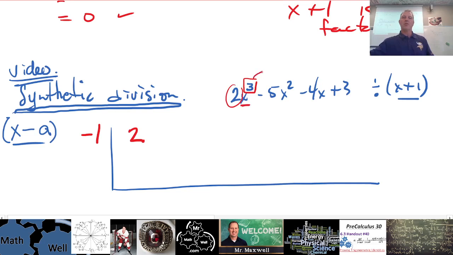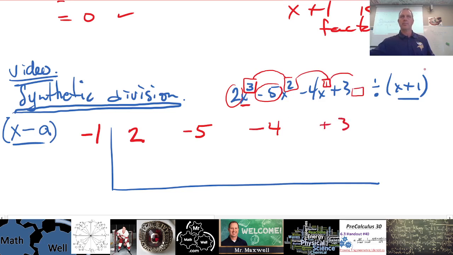Then I have to locate the squared term and write down this number. So I'm going to leave a little space. I'm going to put minus 5 here. Again, this is shorthand for long division of polynomials. I'm going to find now the x to the 1, which is right here, and I'm going to write down negative 4. And then x to the 0, which is what this constant really is, I'm going to write down the constant.